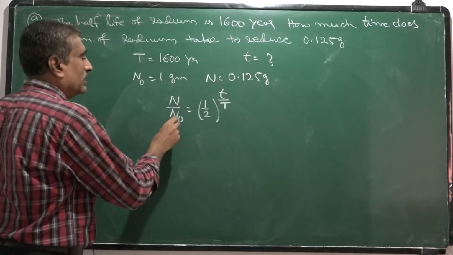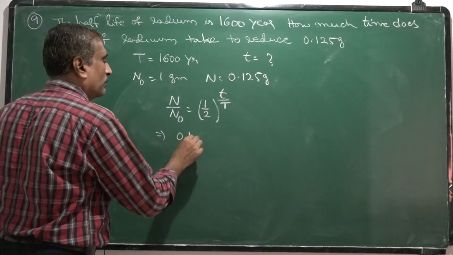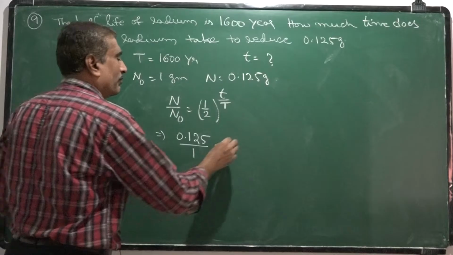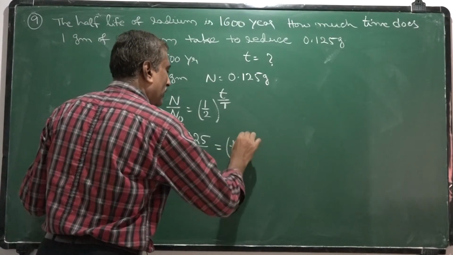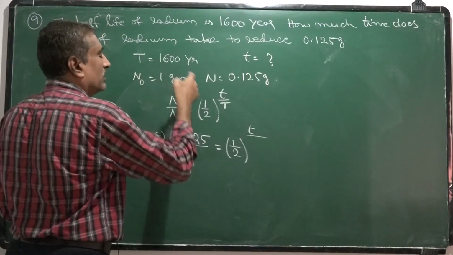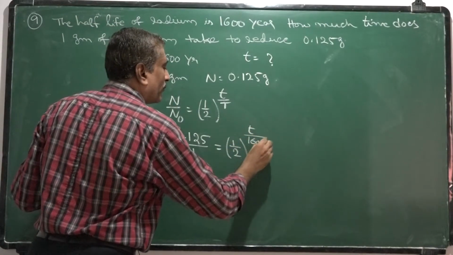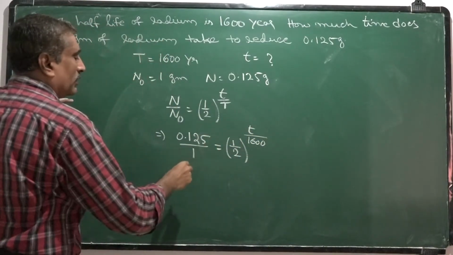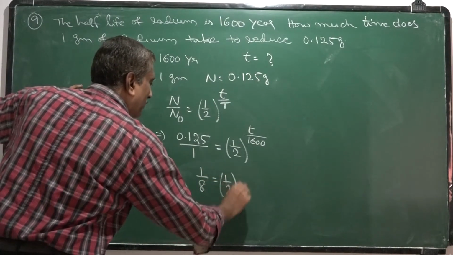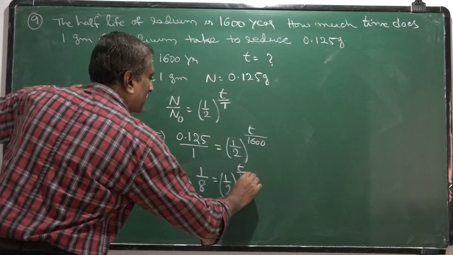So N by N0 means 0.125 divided by 1 is equal to 1 by 2 to the power t by half-life, which is given as 1600 years. So 0.125 means it is 1 by 8 is equal to 1 by 2 to the power t by 1600.